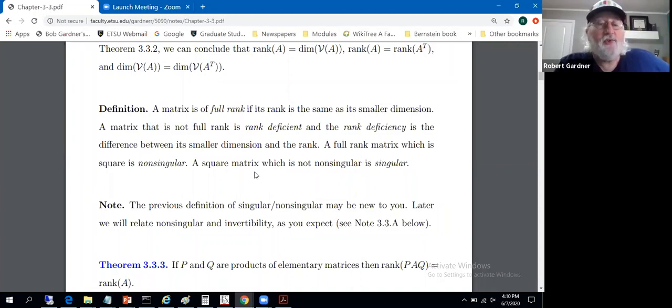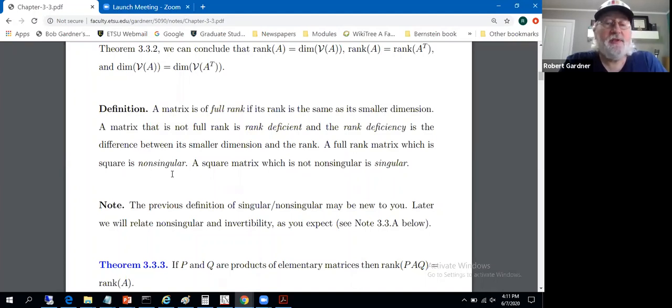A full rank matrix, which is square, is called non-singular. Okay, so full rank and square, non-singular. A matrix which is not non-singular is singular. All right. When you hear the word singular matrix, you should be thinking it's a bad matrix because it's non-invertible.